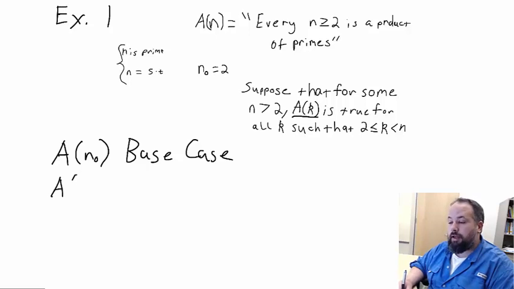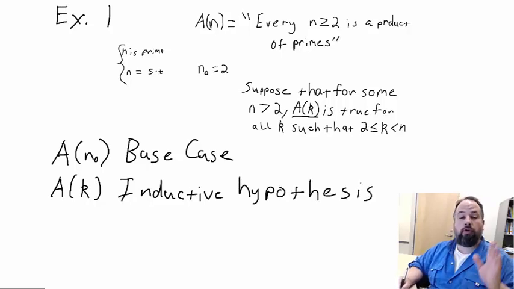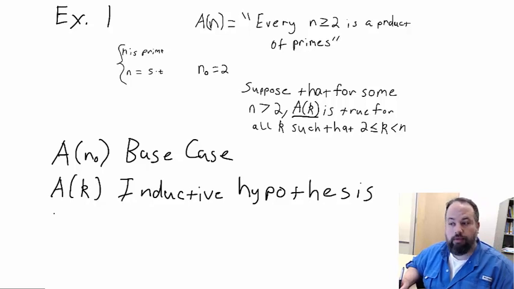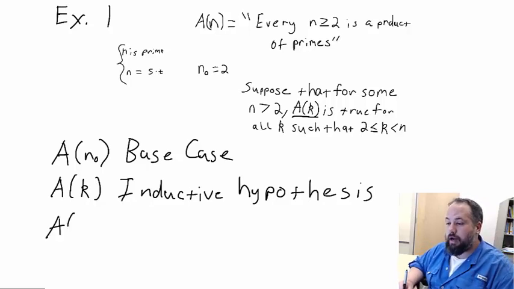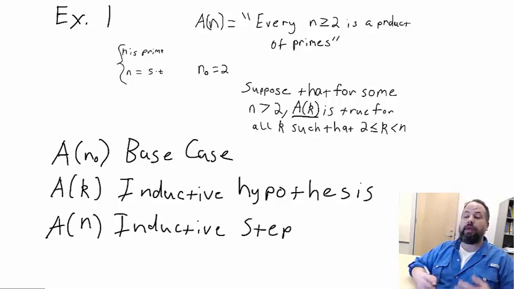Our assertion of k is our inductive hypothesis. So this is what we're assuming to be true. And then our A of n is our inductive step. That's the thing that we actually have to prove.